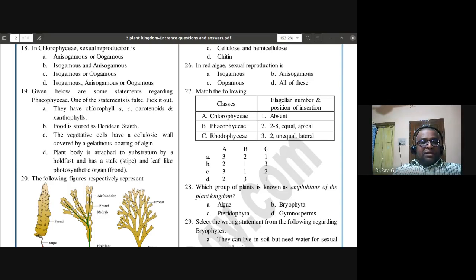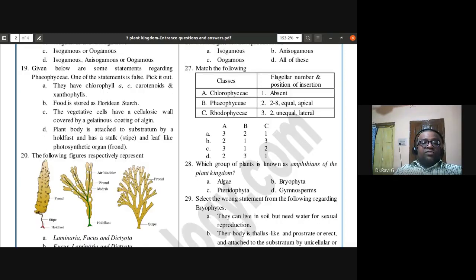The 19th one, given below are some statements regarding Phaeophyceae. One of the statements is false. Pick it out. So they have chlorophyll A, C, carotenoids, and xanthophylls. So we are talking about Phaeophyceae, the brown algae. So there are three correct points and one is wrong.